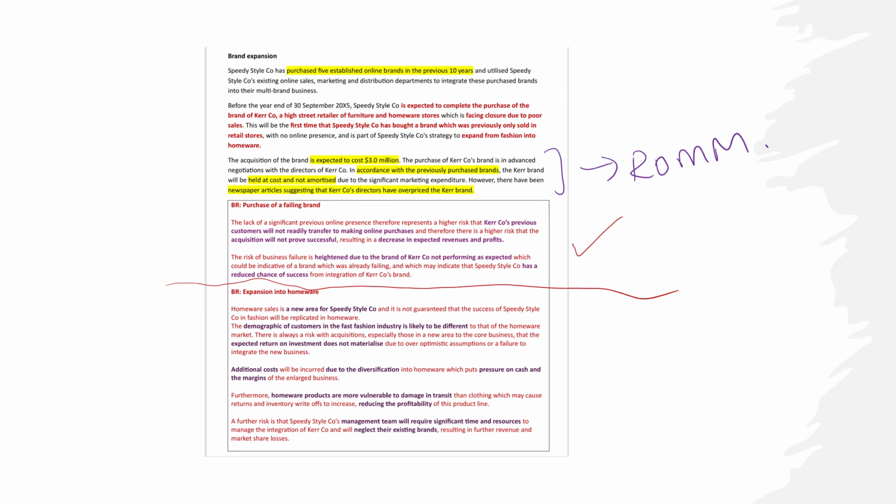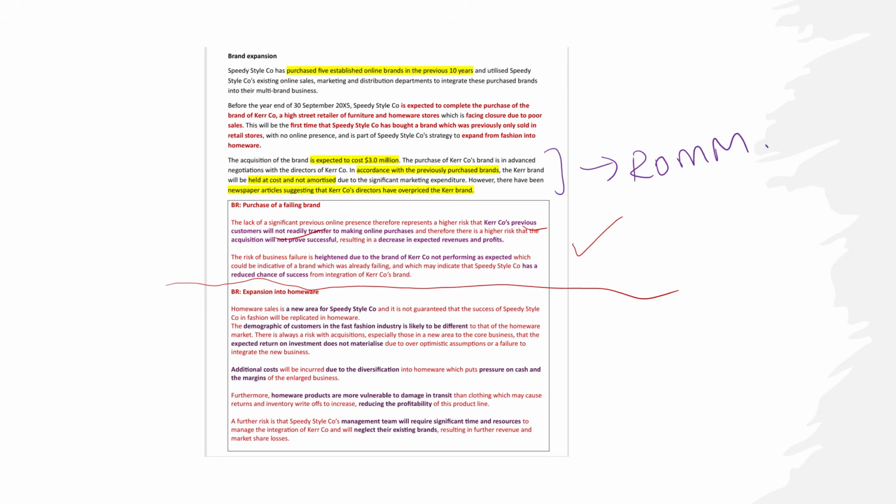So my concern is that the previous customers will not readily transfer to making online purchases, which means that the acquisition might not be successful, resulting in a decrease in revenue and profits. This risk is particularly bigger because this is already a failing brand.